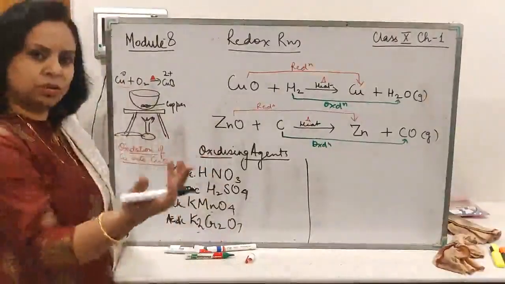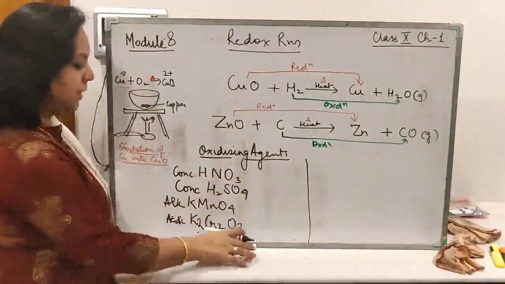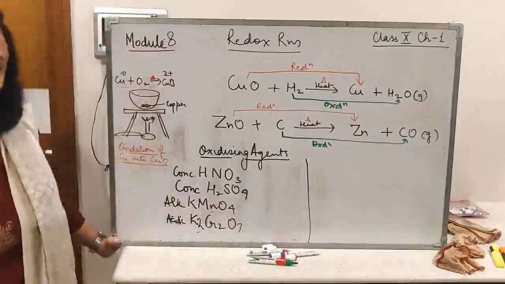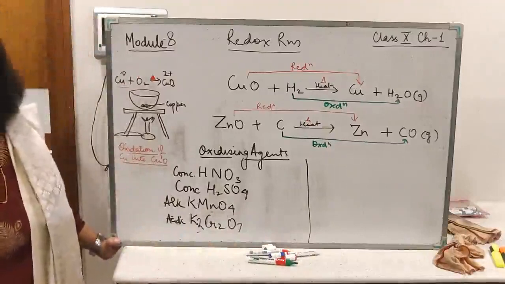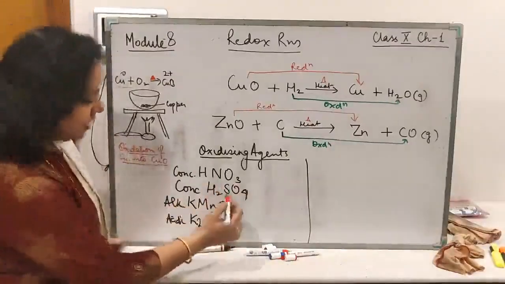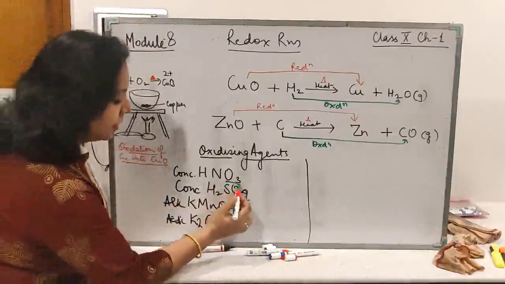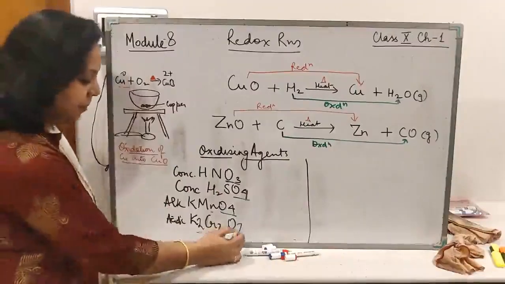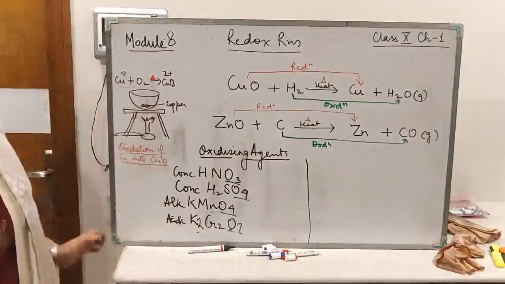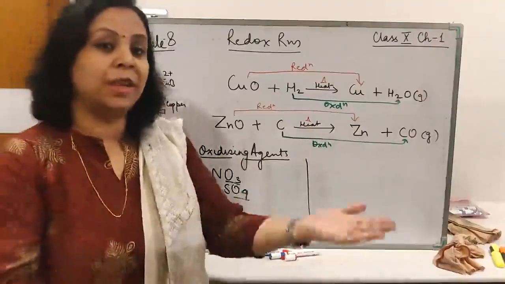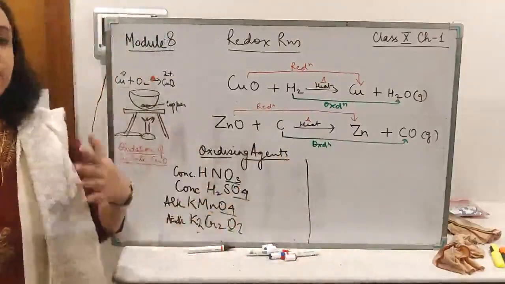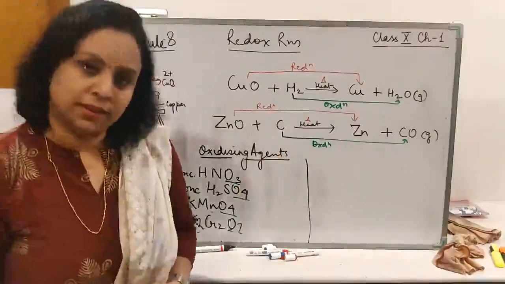Children, these are all rich in oxygen. These are the substances which are helping in the process of oxidation. Hence, we regard them as oxidizing agents. Now, if you see the oxidizing agents over here, there is a common thing among them, that most of them are quite rich in oxygen. Now, a substance which is rich in oxygen can provide oxygen to the other substance. That is the reason they can easily behave as oxidizing agents.